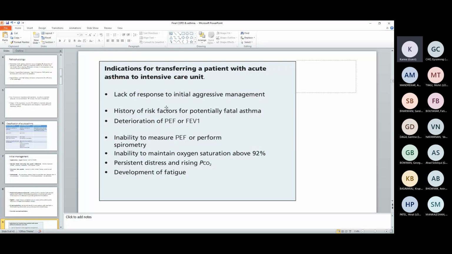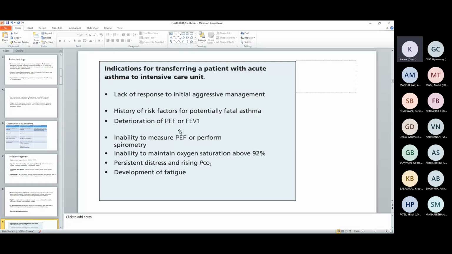The first one is lack of response to the initial aggressive management. Another one is the presence of risk factors for potentially fatal asthma, such as poor compliance with treatment, increasing use of oral corticosteroids and reduction of the use of inhaled corticosteroids, patients who had a previous history of mechanical ventilation, and recent or frequent hospital admissions with acute severe asthma.